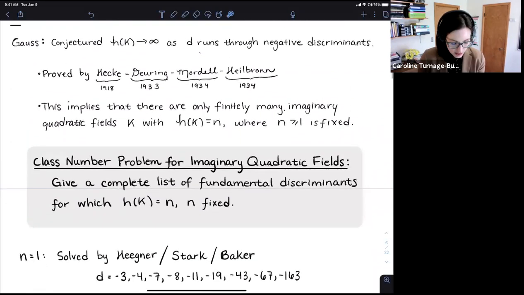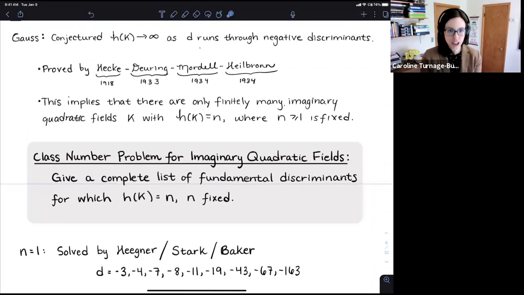All right, so this goes back to Gauss. Gauss conjectured that the class number goes to infinity as D runs through negative discriminants. And this was actually proved by a collection of papers: Hecke, then Deuring, then Mordell, then Heilbronn, each assuming a little bit. One paper assumes the Riemann hypothesis, one assumes the Riemann hypothesis is false.